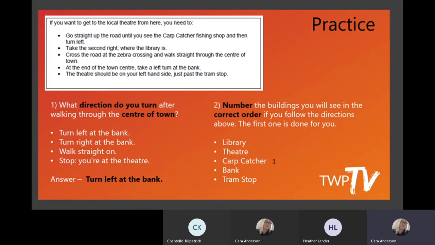The first one is done for you, so the carp catcher is number 1. Which one's number 2? You can just write that in the chat box. So what do you pass after the carp catcher? So you pass the library. Yeah, you do. Excellent. What's number 3?